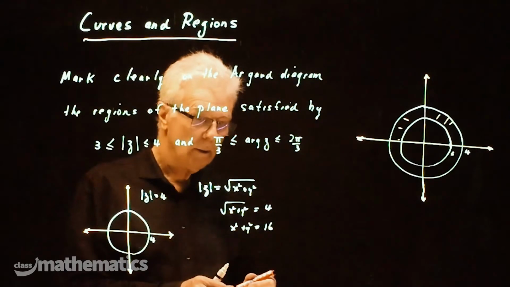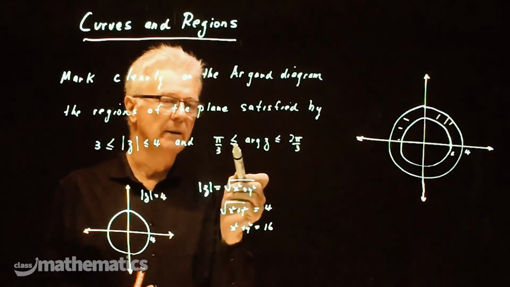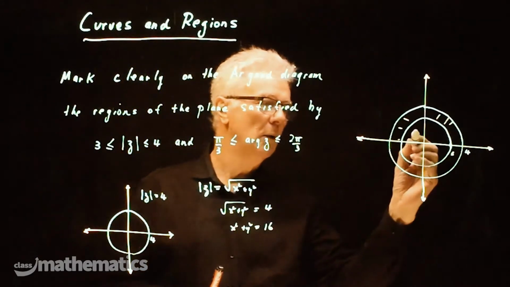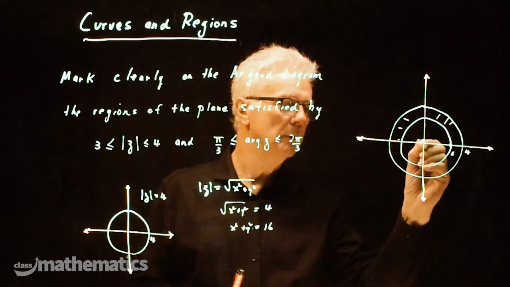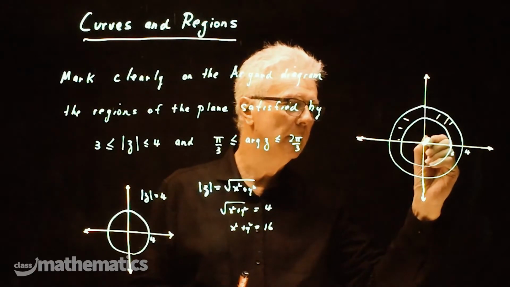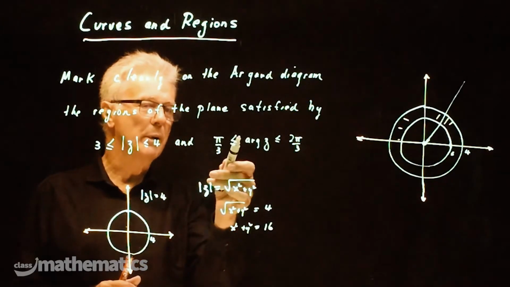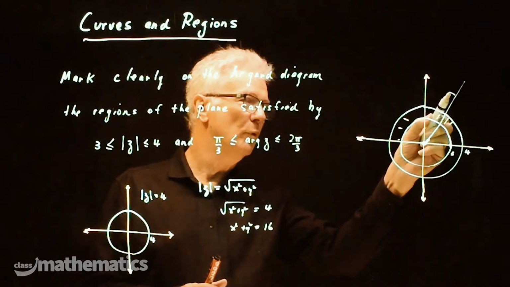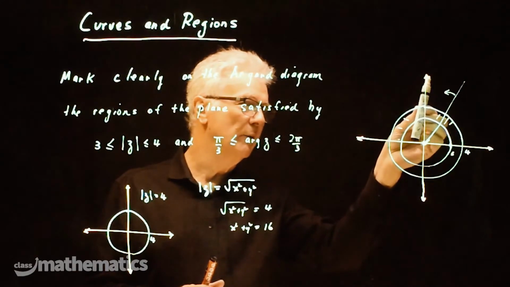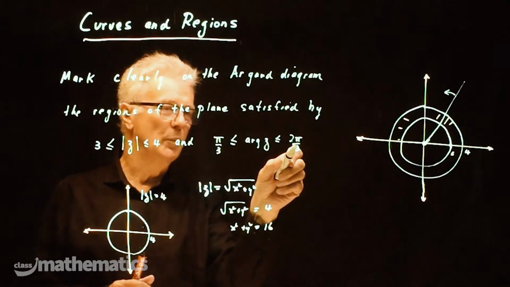Alright, now this one, the argument of z: arg of z equals pi upon 3 would be a line going that way, wouldn't it? Circle there, arg going, 60 degrees up here. Now, it says it's got to be bigger than that, so the area will be in that direction there. Here it's saying that the argument of z is less than 2 pi upon 3.